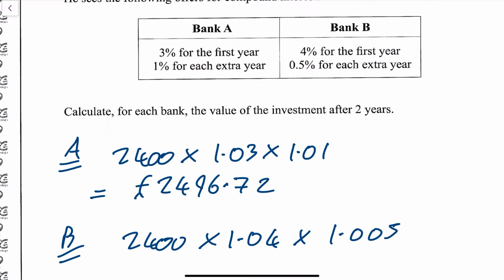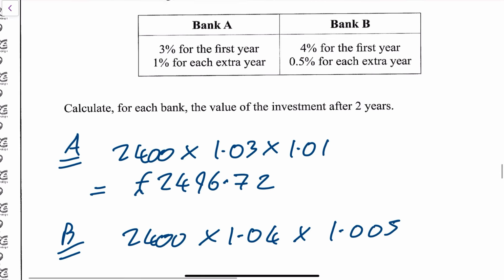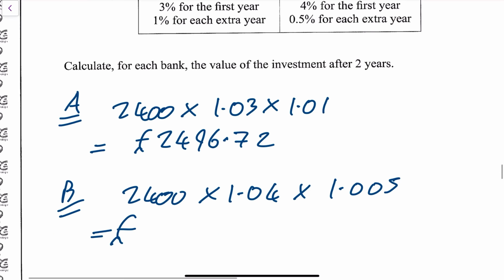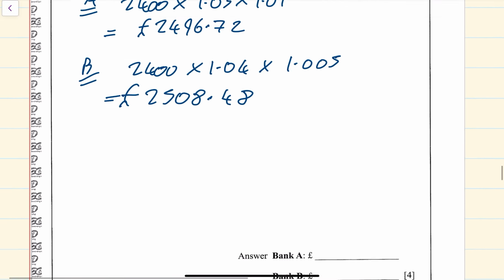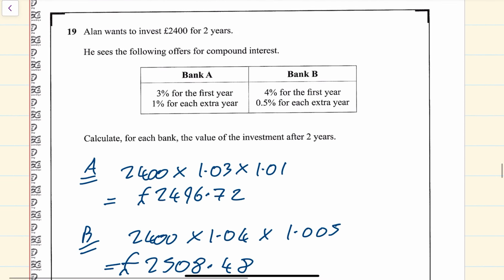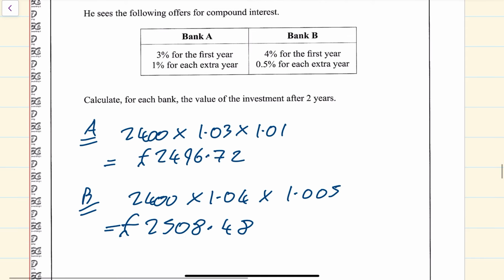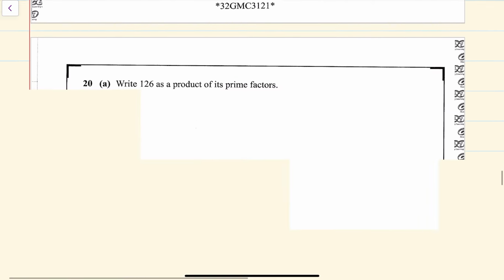So 2,000 times 1.04 times 1.005, which works out to be slightly better for him then. This one works out to be £2,508.48. Calculate for each bank the value of investment. Does it say anything else? No, I would just fill those in. So normally it asks you to say which one's better, but we didn't here.